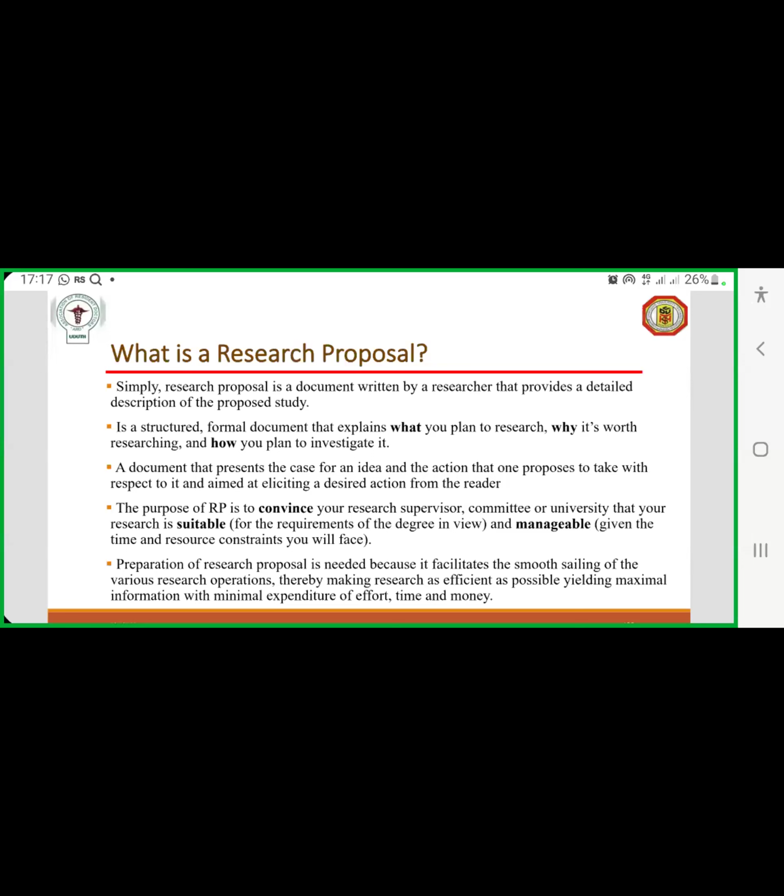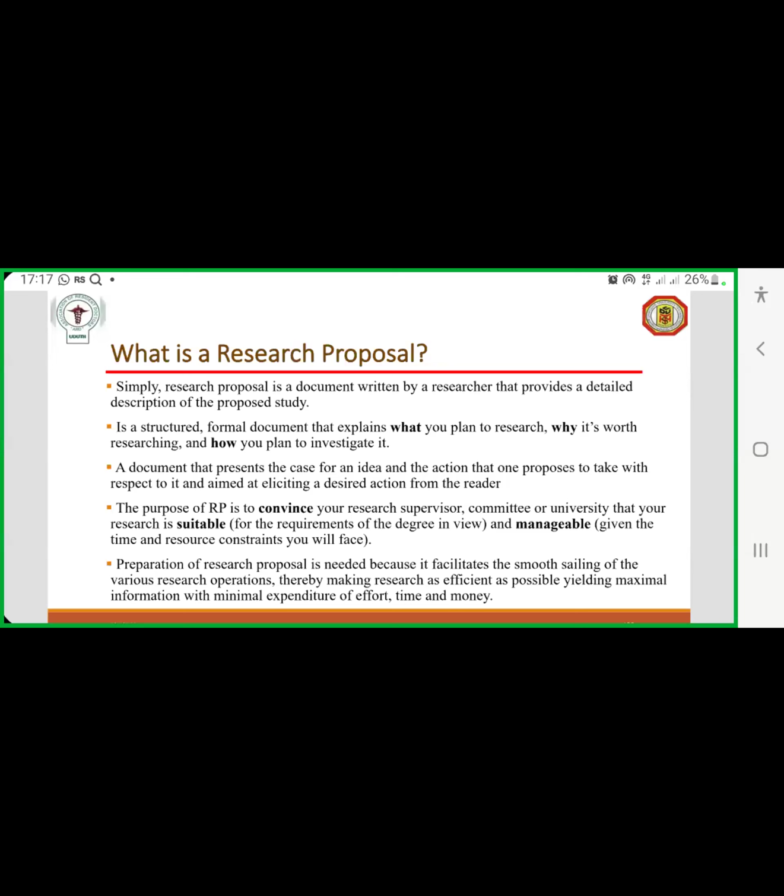In your research proposal, you write a detailed explanation of everything you do in your research, from the title up to the analysis level.